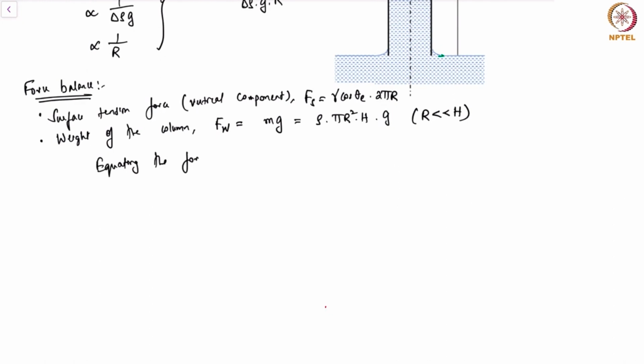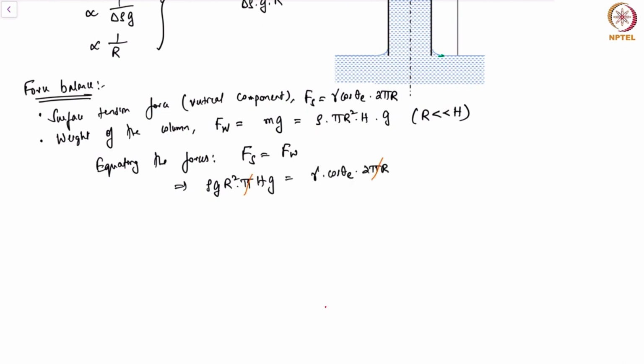Equating the forces will simply give us Fs equals Fw, or rho g r squared pi h equals gamma times cos theta e times 2 pi r. A few things get cancelled out.